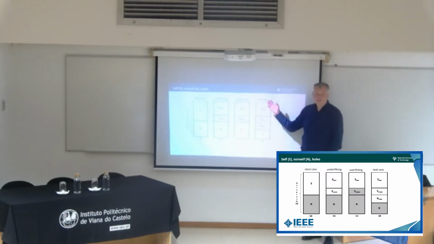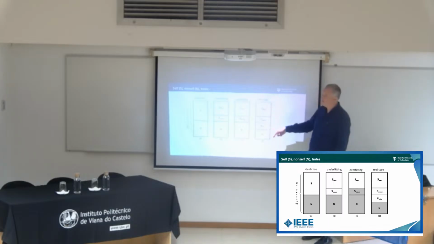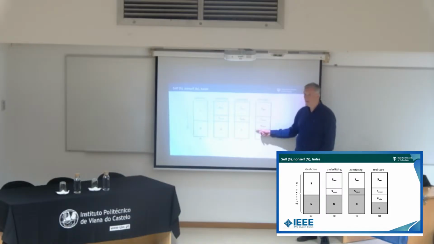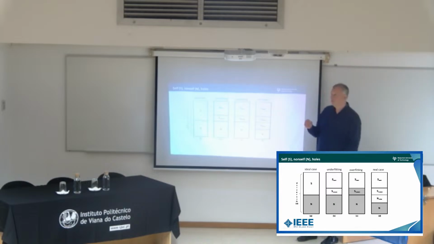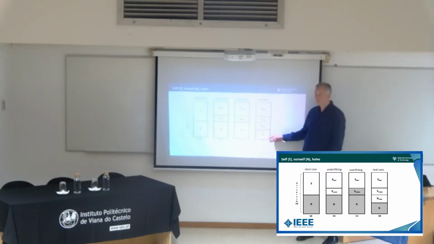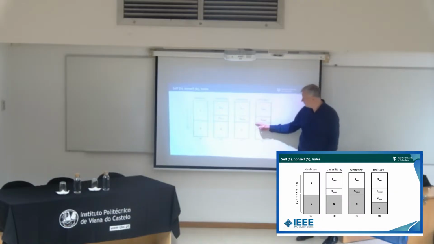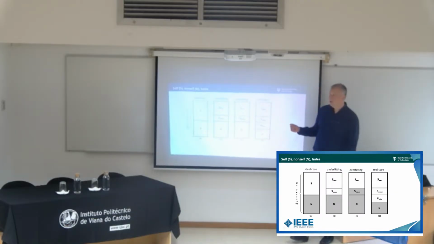But in the real case, we can divide our universe into four subsets, not only seen and unseen. When we try to cover the subspace N, we are not able to fill this part without any holes. And this part represents the holes.